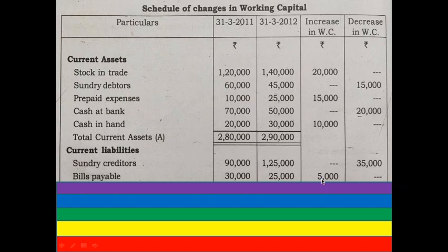Remember, the rule of current liability is just the opposite of current asset, or vice versa. And the rules of current asset are just the opposite of current liability. You need to be familiar or thorough with any one rule. If you can remember all these rules, then it's fine. If you can't, at least try to familiarize yourself with any one rule.